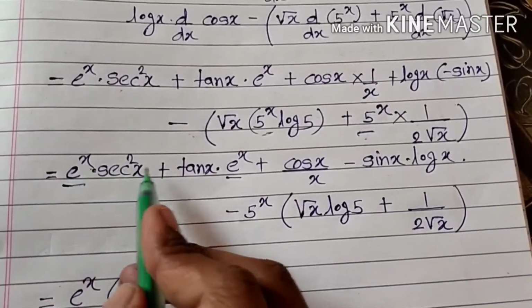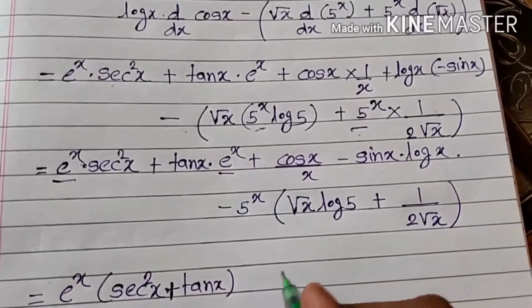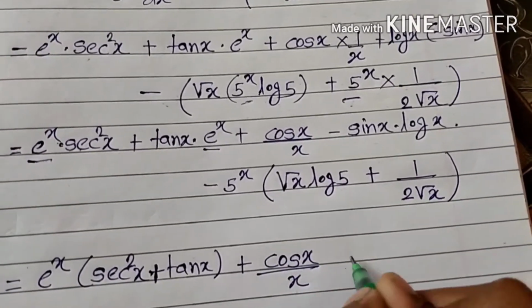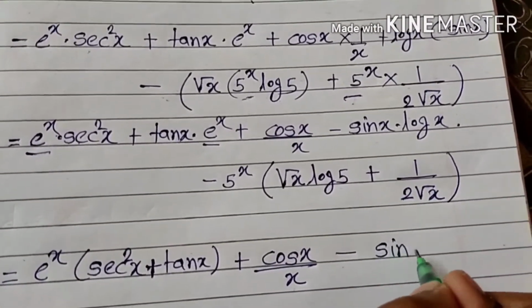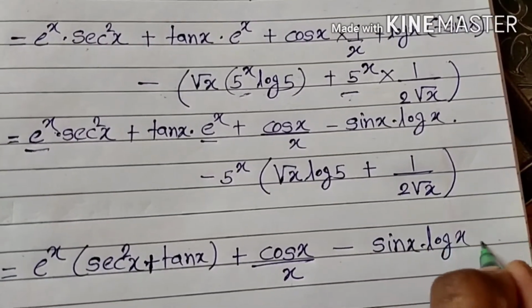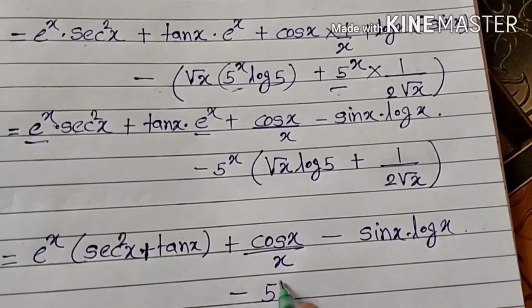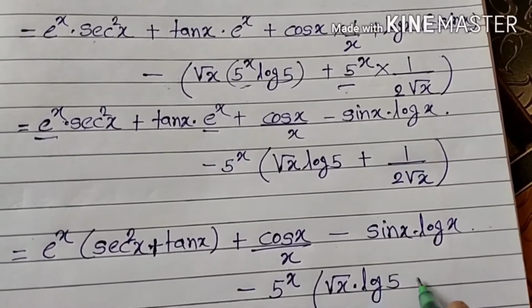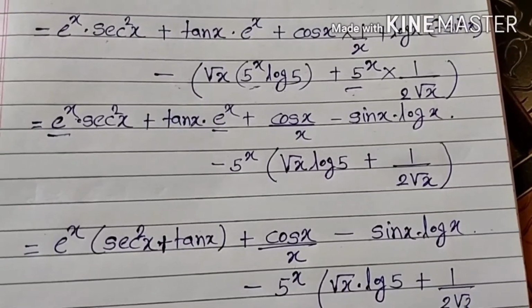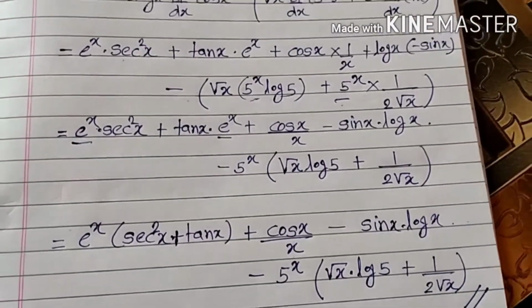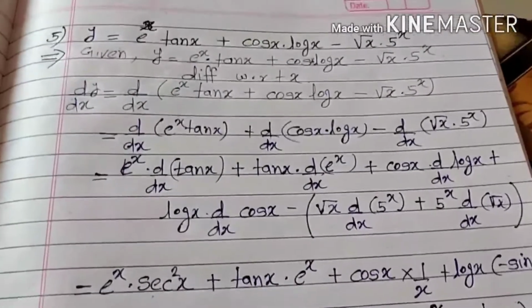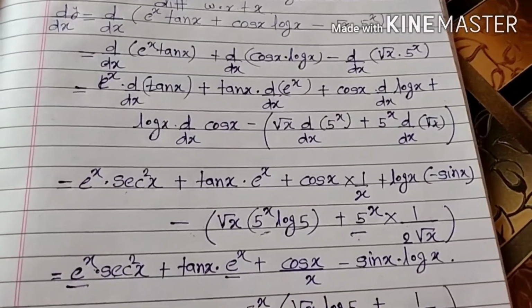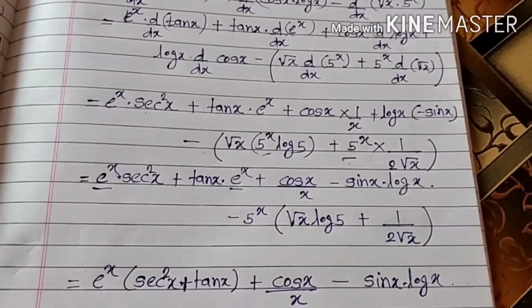When we take e raised to x common, then remaining terms are sec square x and tan x plus cos x upon x, and this is minus sin x into log x, and here minus 5 raised to x, root x into log 5 plus 1 upon 2 root x. So this is our answer. Here we use product rule 3 times, and then we get our answer here.